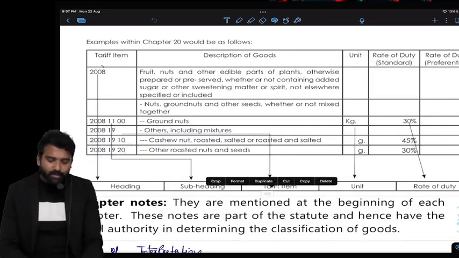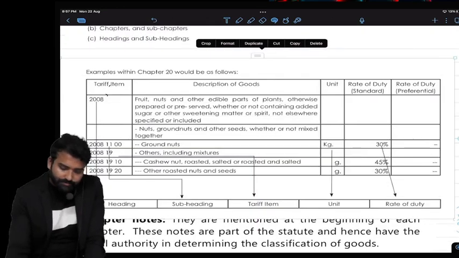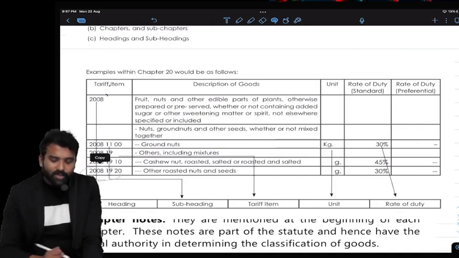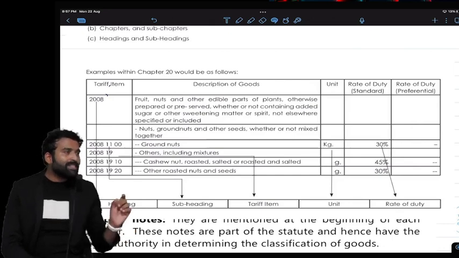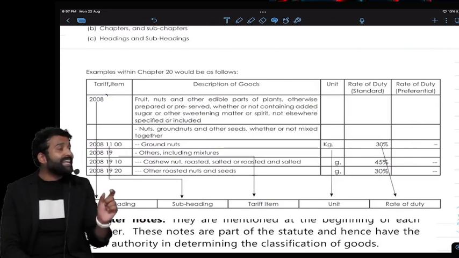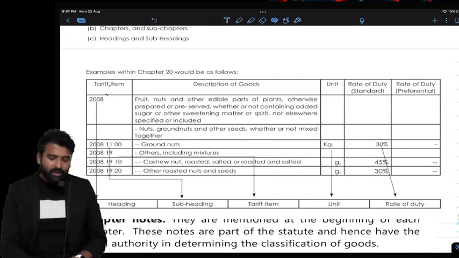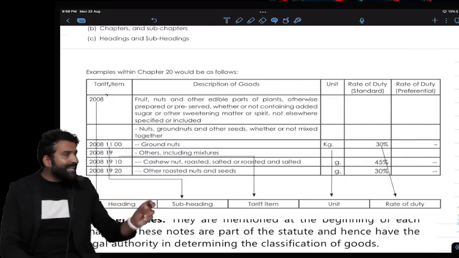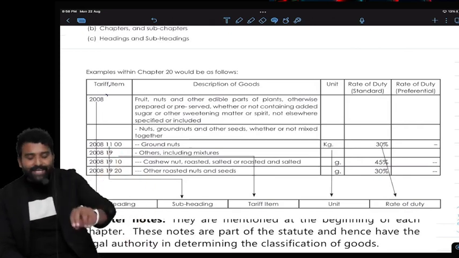Very simple. 2008 is the heading; it shows the 20th chapter, 8th heading. Then 19 shows the 20th chapter, 8th heading's 19th subheading, and the last 20 shows the 20th chapter, 8th heading's 19th subheading, 20th item.